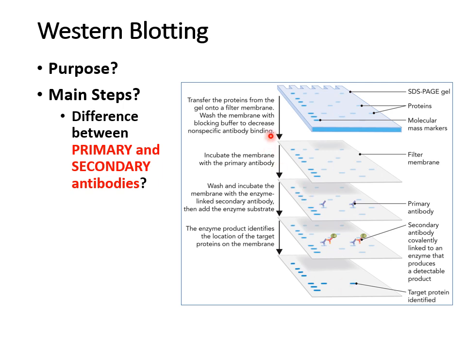Now, we're not going to go through all the steps in detail and memorize them. The most important thing for you to know right now is the difference between the primary antibody that you soak that membrane with and the secondary antibody, because this comes up a lot in all different biology and chemistry experiments and procedures.